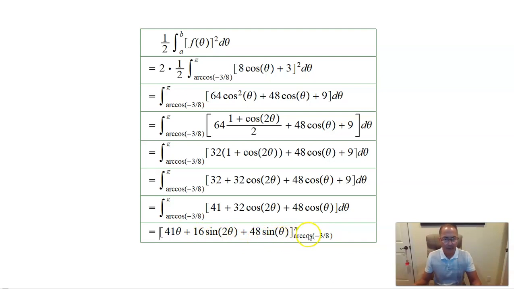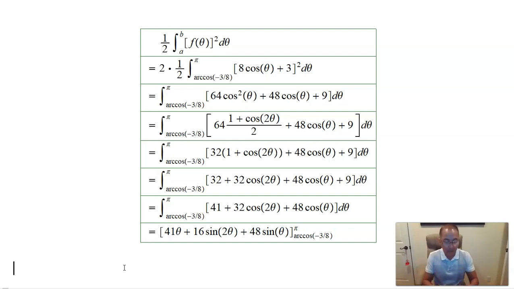But we're going to plug these angles in. Okay, easy enough for theta and for sine theta, or is it? Or is it? So remember that we kind of did this in our previous video, where we were looking for horizontal and vertical tangent lines. And we said, oh, if the cosine is minus 3 over 8, what was the sine?